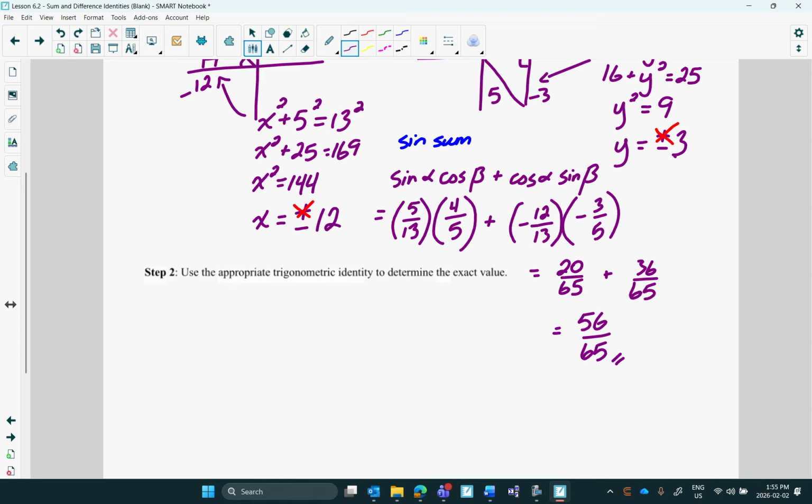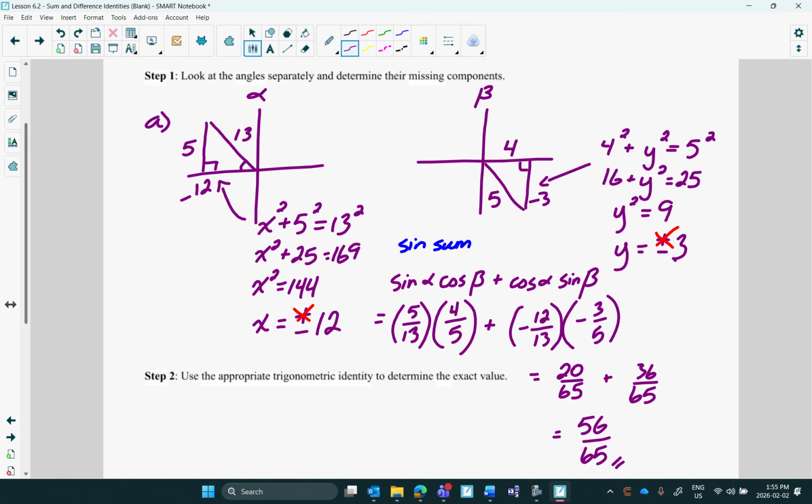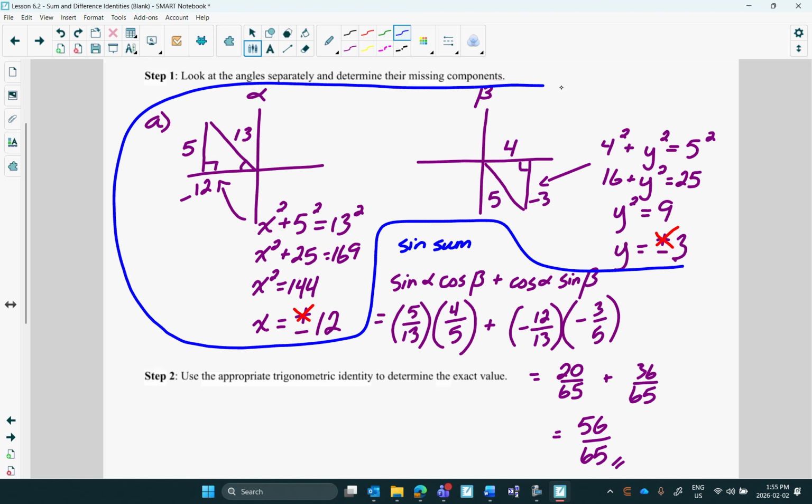Oh, I really didn't do that in the spaces provided, did I? Oh, well. So this is what I need to do for both of the questions.